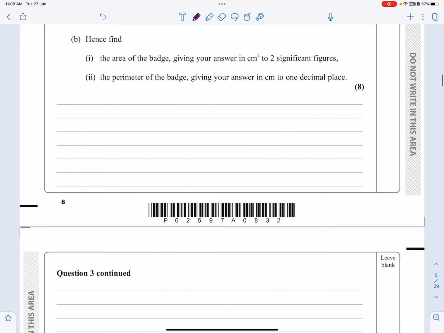Okay, let's go ahead and do that first part. So part A, they're saying the area of a sector, which I know is half r squared theta. They're telling me that's equal to 7.2. So if I put in the information here, half, that's 3 squared, and theta, they've called alpha in this case, is 7.2.